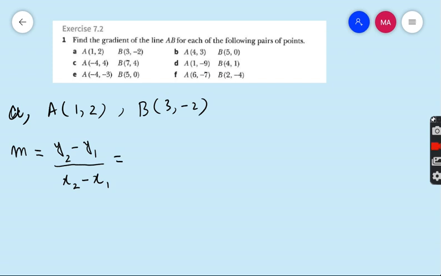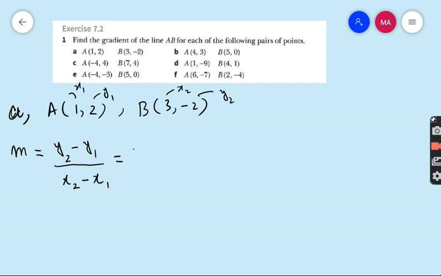Some teachers use y1 minus y2 upon x1 minus x2. There is no difference, you would get the same answer. What is x1? What is y1? What is x2? What is y2? This is x1, this is y1, this is x2, this is y2.